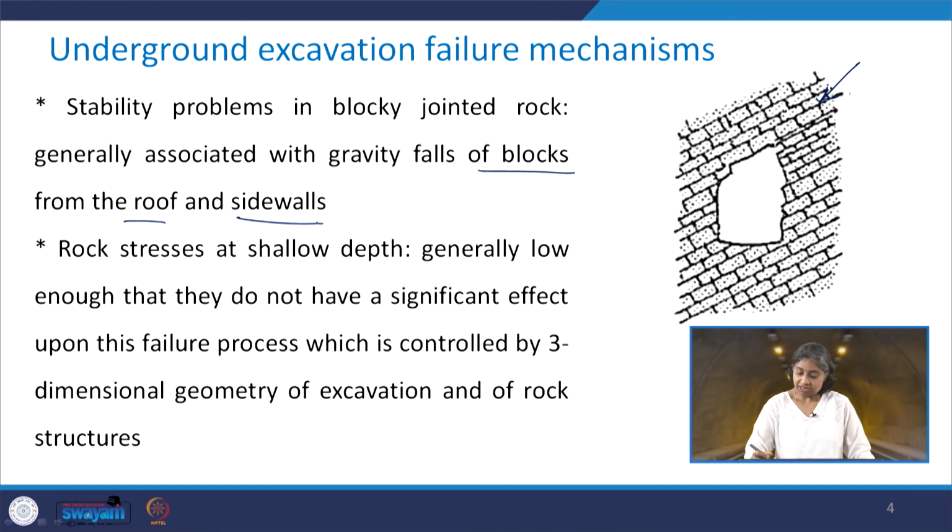You can see here in this figure that this is a joint, and the moment you excavate, there is no confinement and this particular block may have the tendency to fall through gravity into the excavation. Or if you take a look at this small block, it may slide from this side wall.